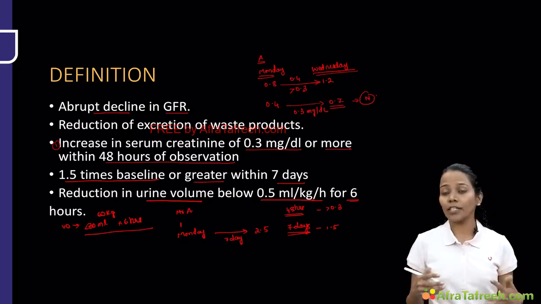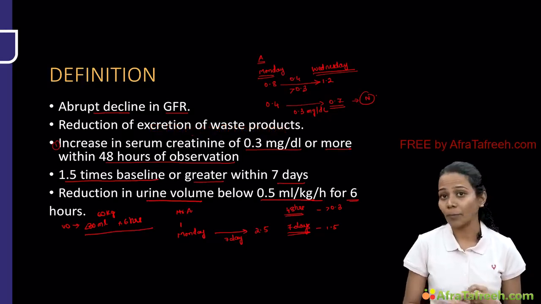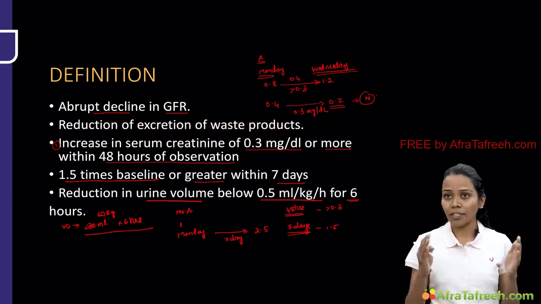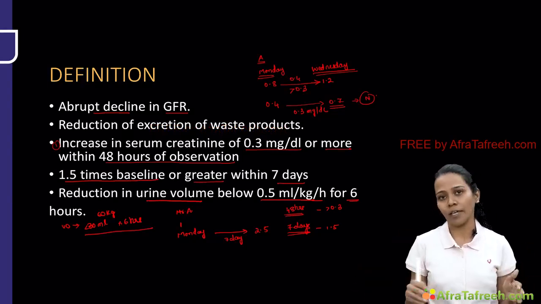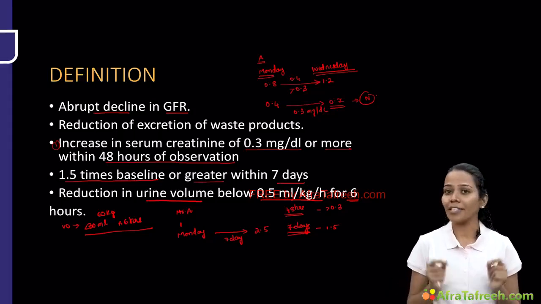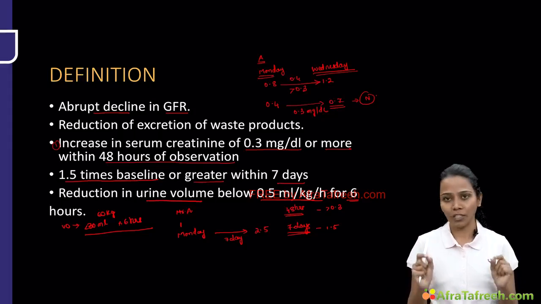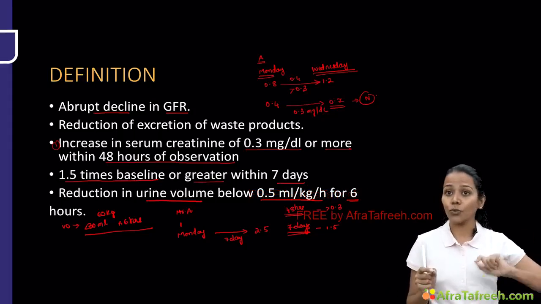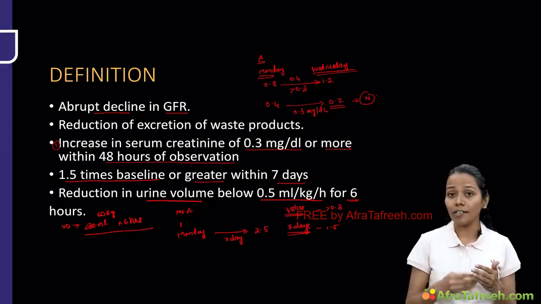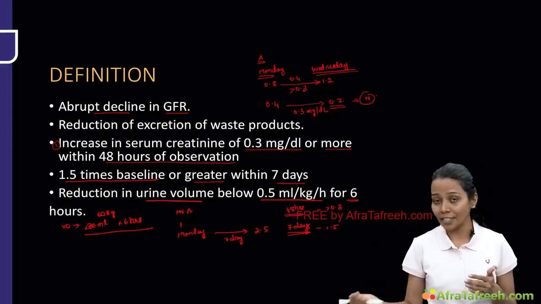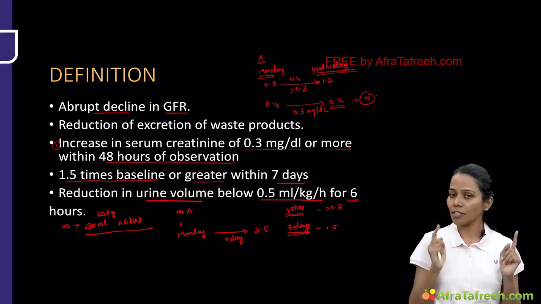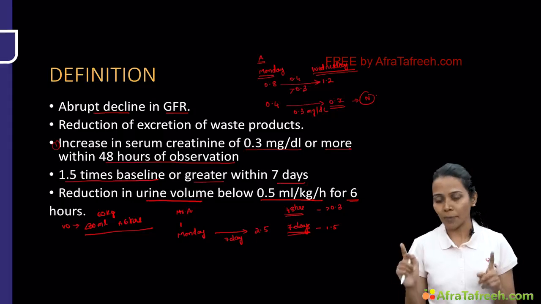So in an ICU setup, you are not waiting for creatinine to elevate, because it may take 1 or 2 days for creatinine to elevate. I'll be talking in detail about this in diagnosis and management of AKI, that is AKI part 2, as to how creatinine is not a very good marker of acute kidney injury. So in that situation, urine output is very sensitive. That is, if urine output is reducing earlier on, even before creatinine increase starts, then you can use it to define acute kidney injury. So the definition is less than 0.5 ml per kg per hour for 6 hours.